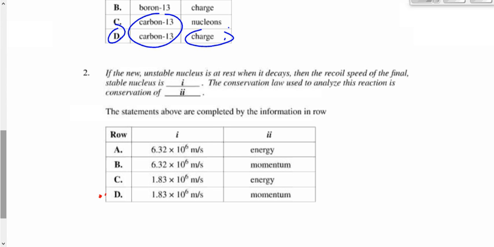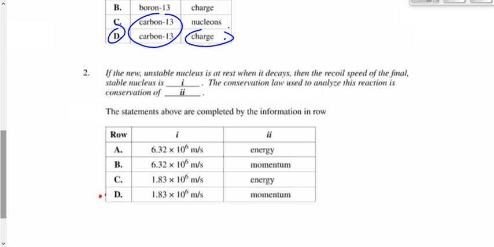Good. The new unstable nucleus is at rest when it decays, and the recoil speed of the final stable nucleus is what? I love this question. We see as we go through these two practice question sets that you had last night, a couple of questions that you've got to go back and do some older stuff for, including this one. If we have a bomb sitting on a table that explodes, or we had a question, I think, where we had a fireworks sitting on a table and exploding into 3 pieces, we would do conservation of momentum.